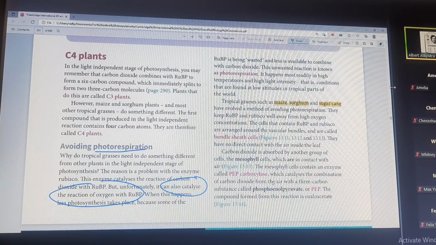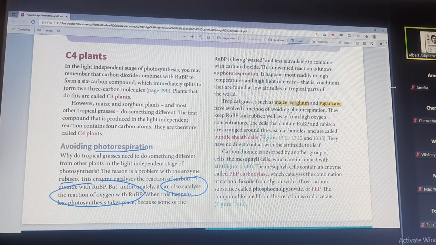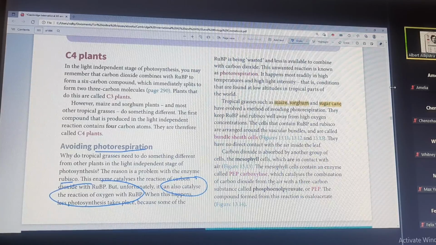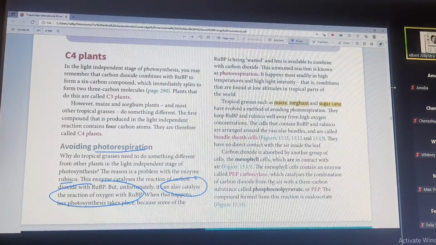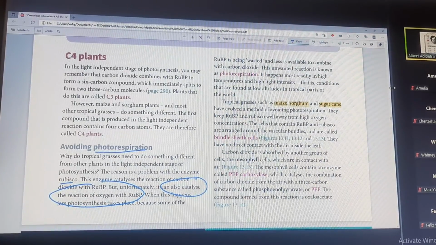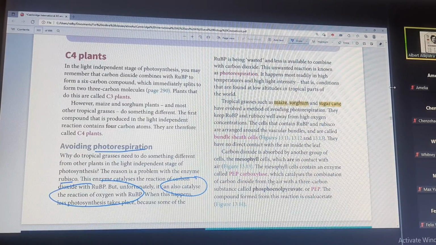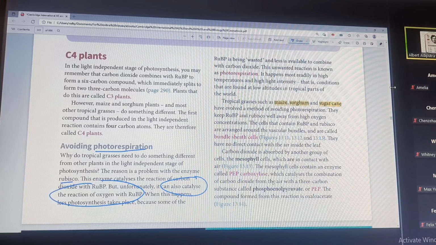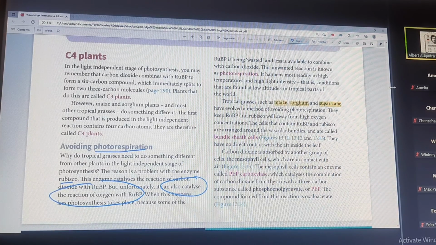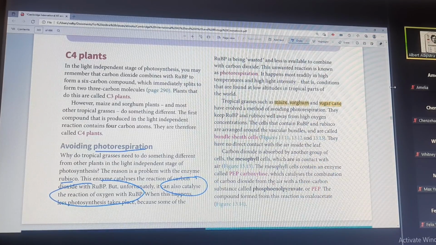The reason is a problem with the enzyme rubisco. We have learned before, since grade 7 perhaps, that an enzyme is specific. One enzyme can only catalyze one kind of reaction. But don't forget that the reaction can happen due to the very specific shape of the active site. As long as substrates are complementary with the shape of the active site, then the reaction can happen.